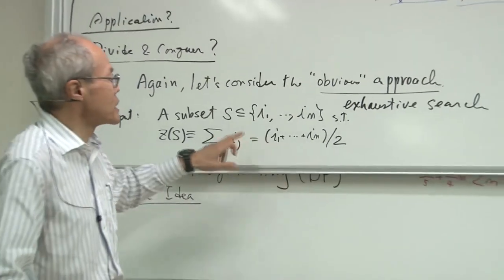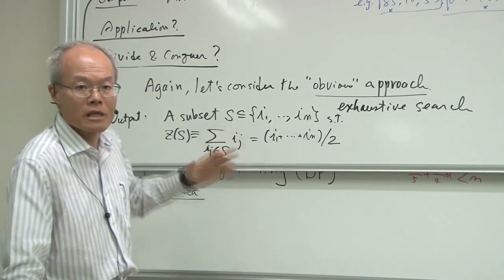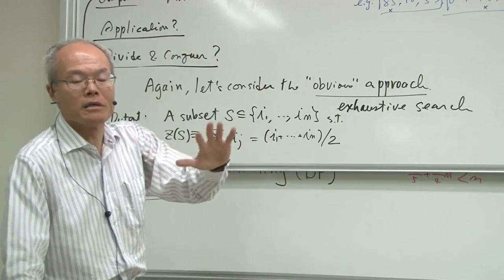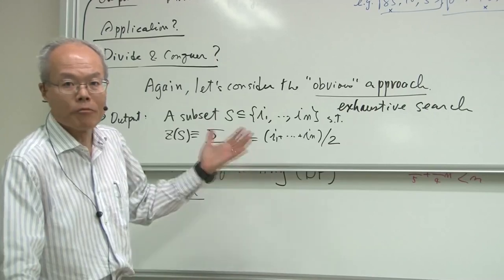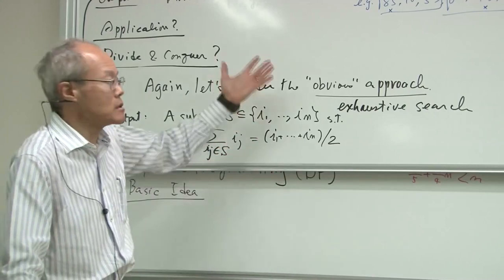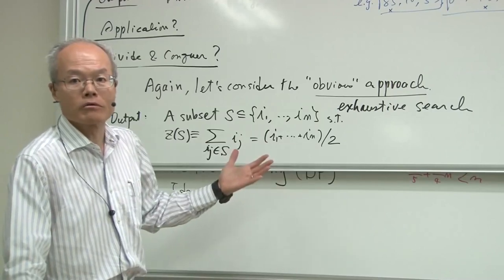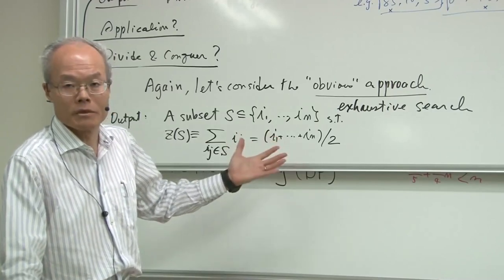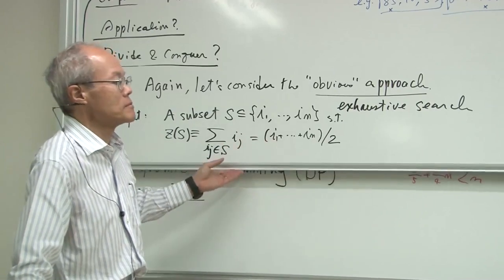Because if you can find such a subset, then its complement should be the other group. Its complement should also have the same sum. Okay? So this is the same definition.